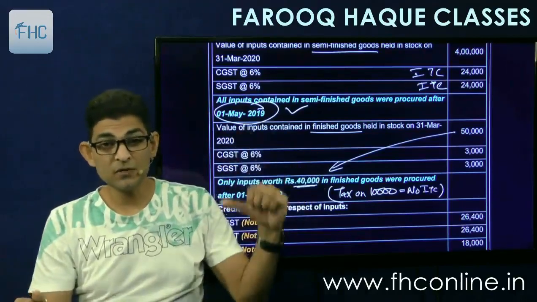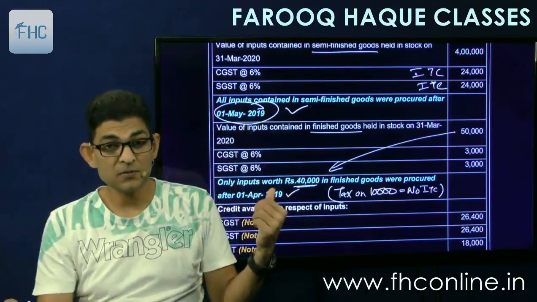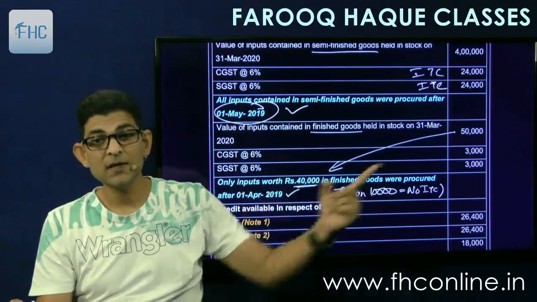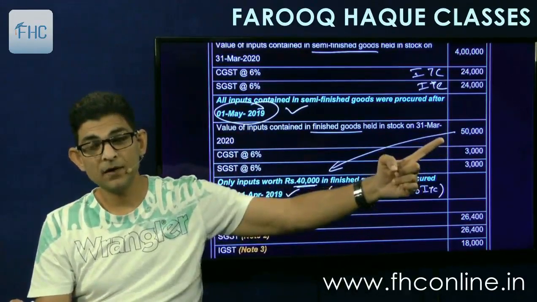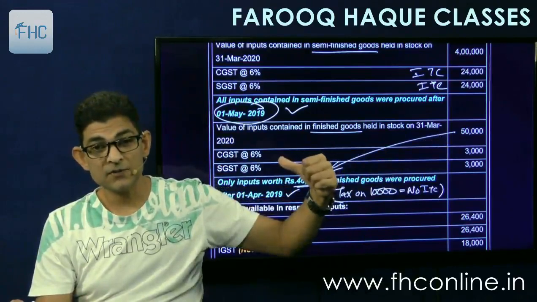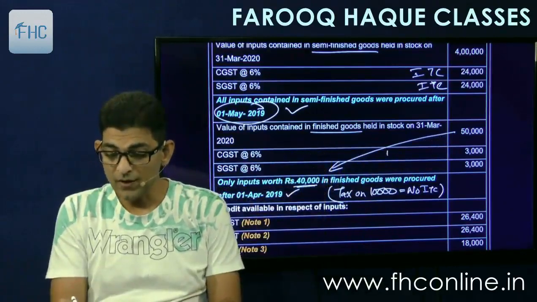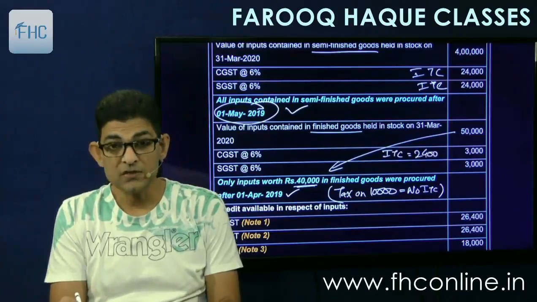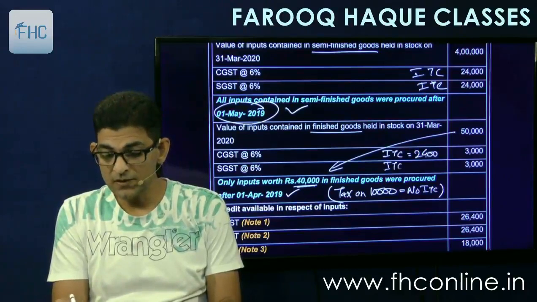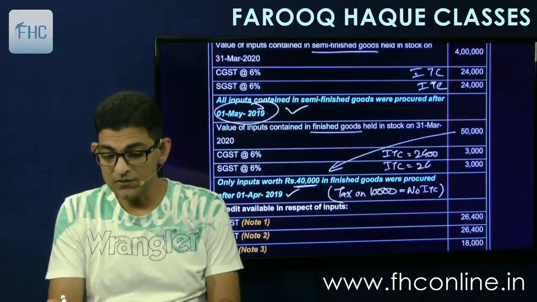On 40,000 it will be allowed because the invoice is after 1st April 19, that is within the last 1 year. So tax is at 6%. So how much will be 6% of 40,000? 2,400. So ITC claim will be only 2,400 for CGST and similarly for SGST.